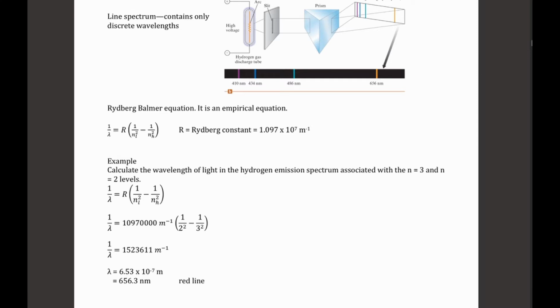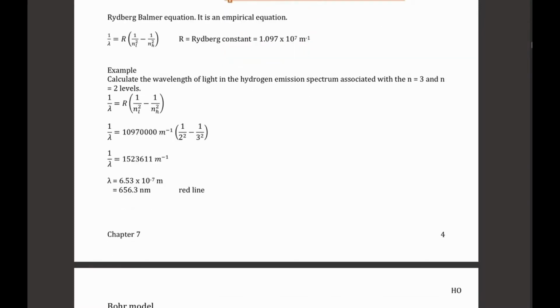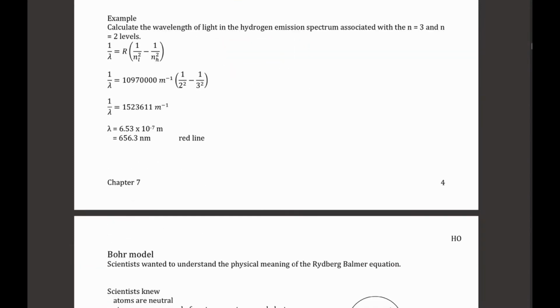It is that red line that we see in the spectrum. So verify that you would get this yourself by running through that problem.